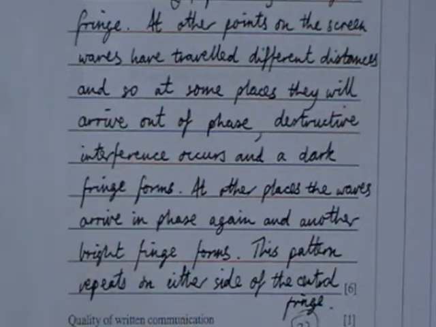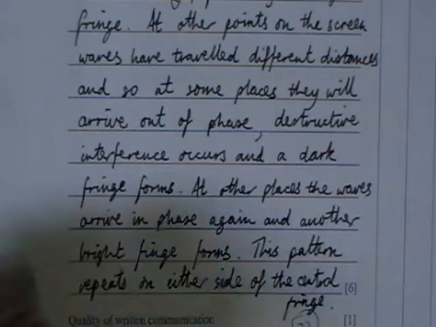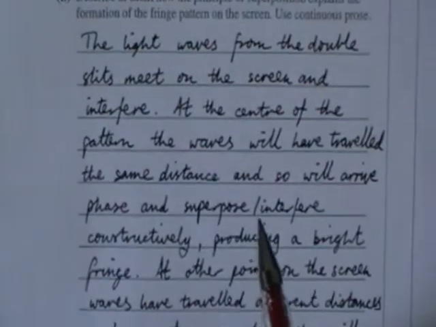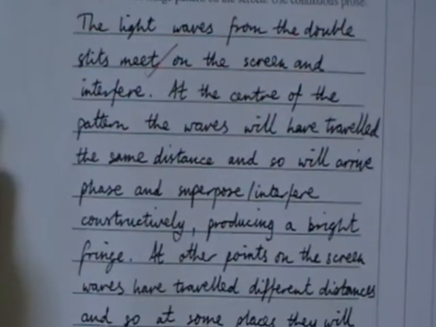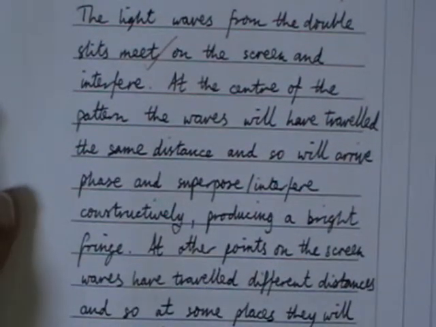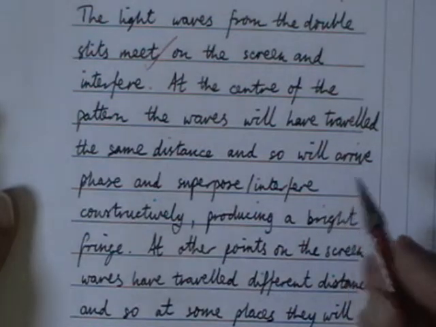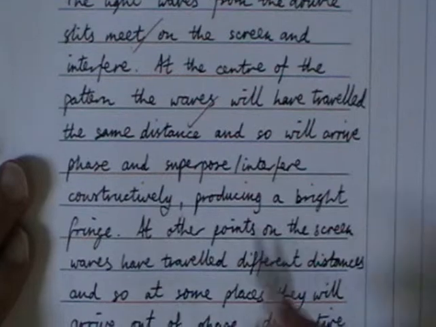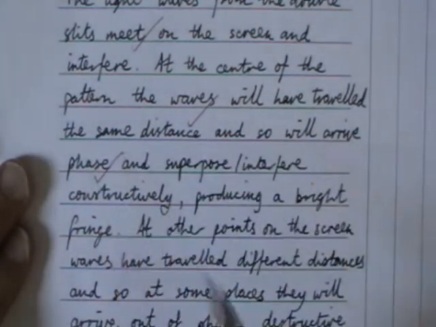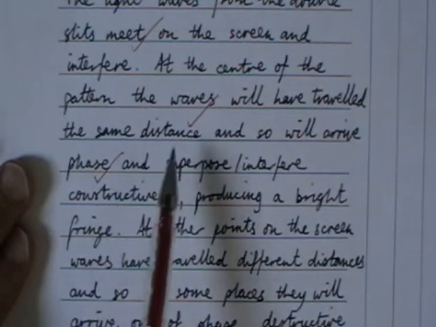Okay, so if you're looking at that, the light waves from the double slit meet on the screen. They will travel the same distance, so they are equidistant and arrive in phase. Now that's the idea of path difference and phase difference.